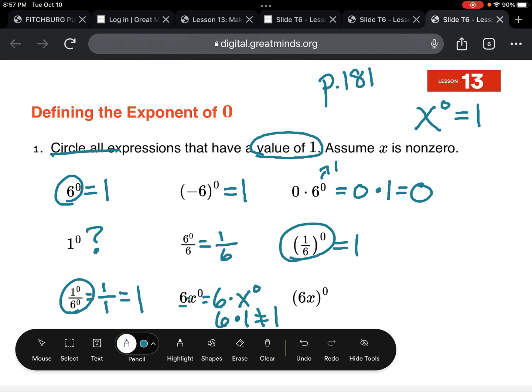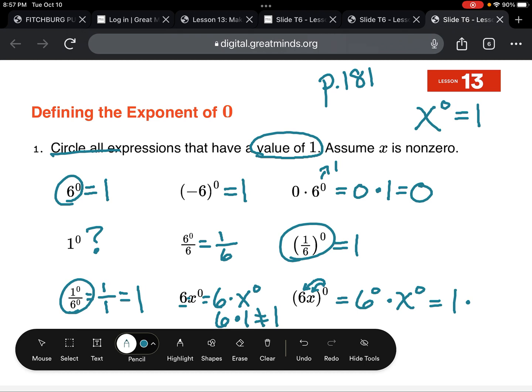Whereas this expression, this 0 power is distributed to both terms inside of the parentheses. So I could rewrite this as 6 to the 0 times x to the 0, which would equal 1 times whatever x is, which would again still be 1.